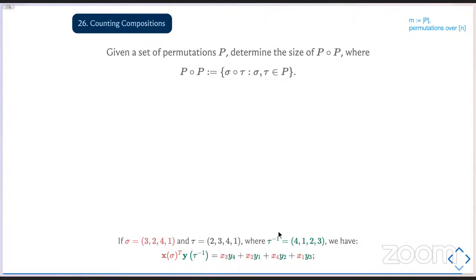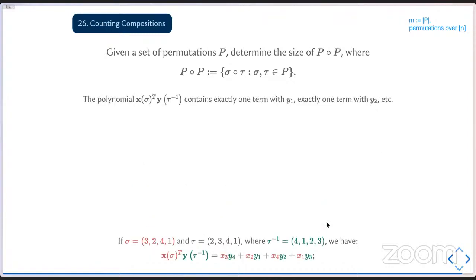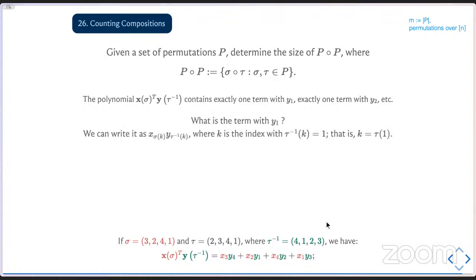And now we are going to be interested in understanding why these vectors relate somehow to compositions. First of all, notice that the y terms are nicely spread out across the individual summands, so y1 occurs exactly once, y2 occurs exactly once, and so on. Now let's think about where y1 is.